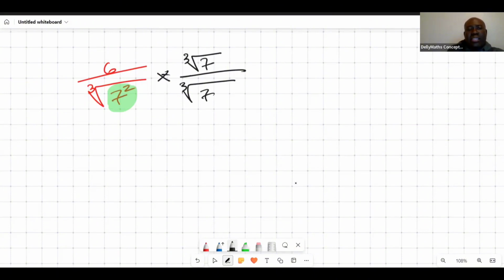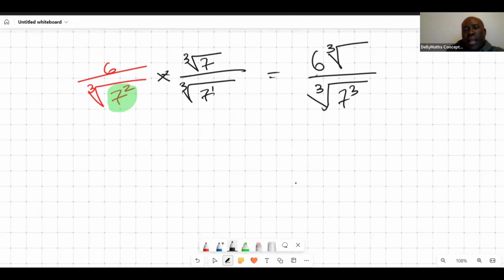Why am I using 7 only? It's because I've already had 7 squared. So when I combine 7 to the 1 and 7 squared, I'm going to end up in my denominator with the third root of 7 cubed. And then the cube root and 7 cubed would cancel to give me the 7 that I need. So we have 6 times the cube root of 7 on top.